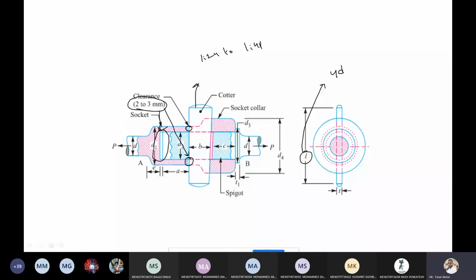So this is the entire design procedure for the socket and spigot quarter joint. Now we will see one problem on this example.